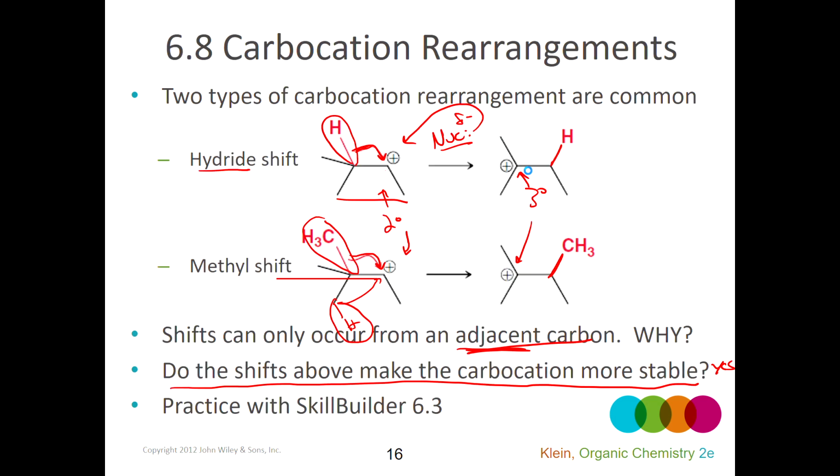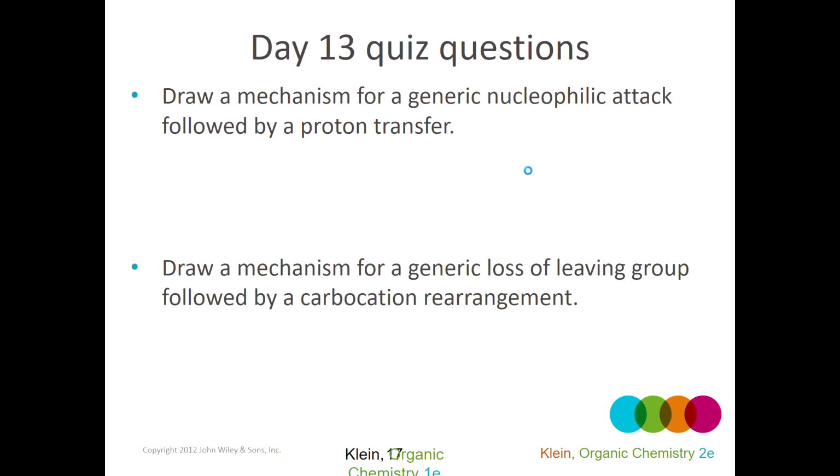So just want to point out one other thing before we look at this next quiz question. Let's say I had this situation here. Would this carbocation undergo a shift? Well, I want to look for opportunities to stabilize it. There's no way to make it sit on a tertiary center.